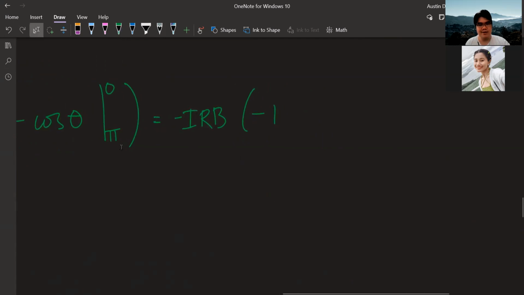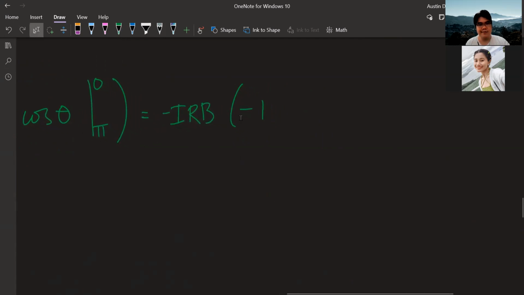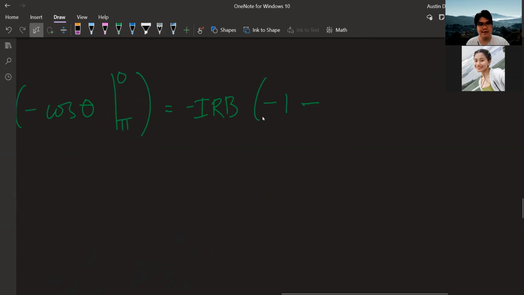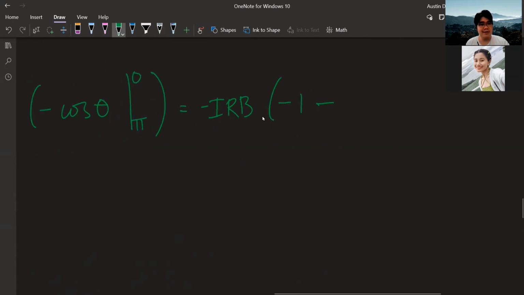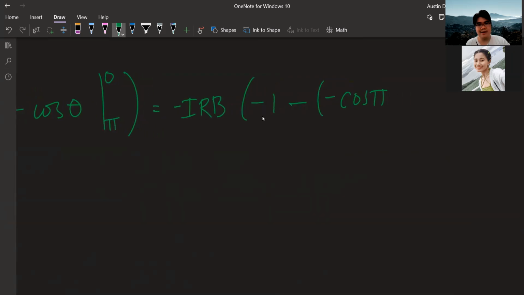Cosine 0 is 1, minus, minus cosine theta. Cosine pi. Cosine pi is negative 1. So this is just negative 1.